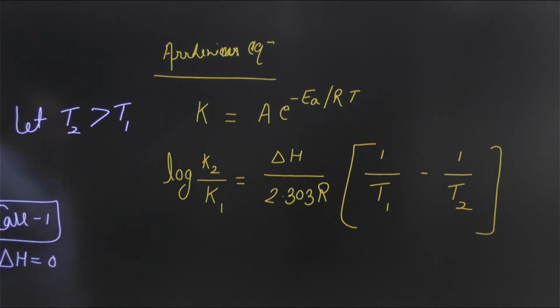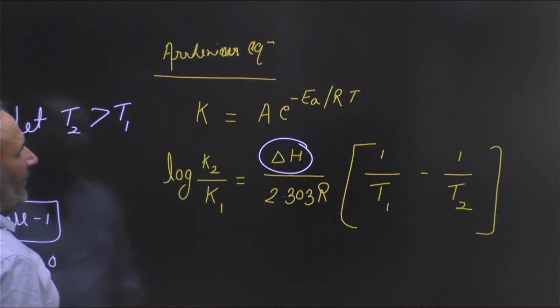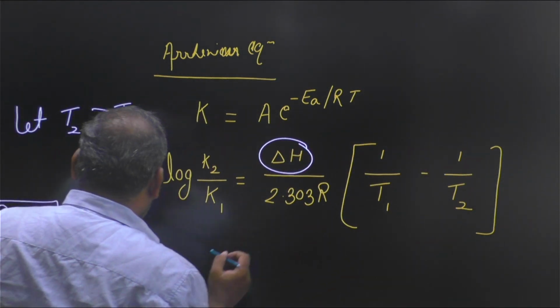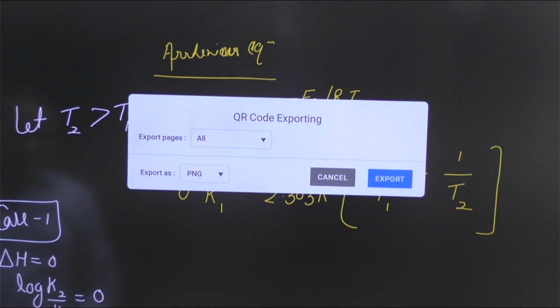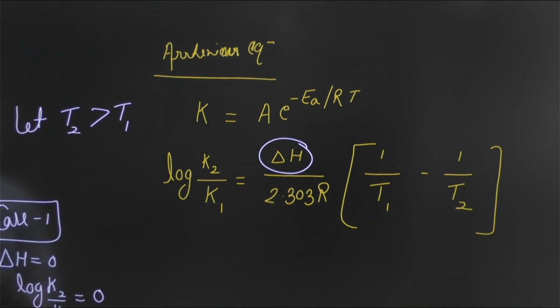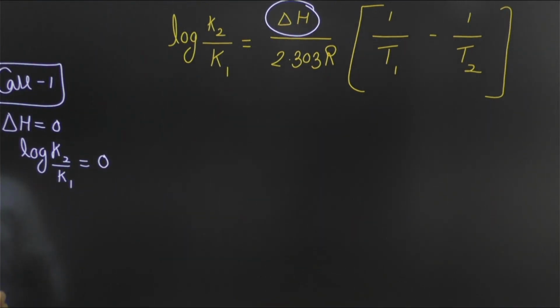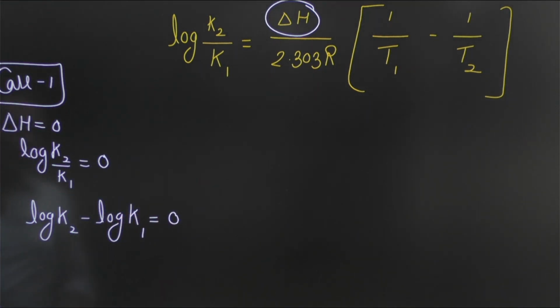So in case number 1, when delta H is 0, then what happens? That whole term will be equal to 0. So in that case we can say log K2 by K1 is equal to 0. And if log K2 by K1 is equal to 0, then log K2 minus log K1 is equal to 0.